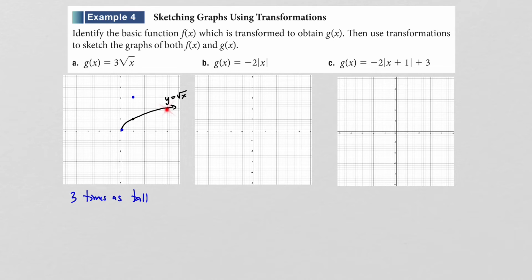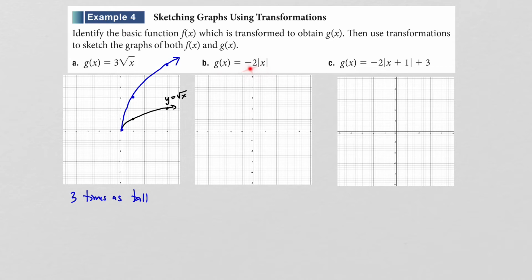And then this other point, which is the point x equals 4, y equals 2, is now going to be at x equals 4, y equals 6, because 3 times 2 is 6. So that point gets shifted up here. So the graph of 3 times the square root of x looks like that. And so all we've done there is we've stretched that graph vertically by a factor of 3.